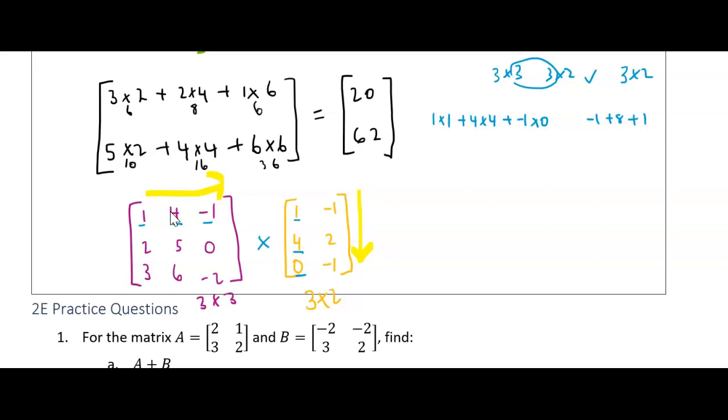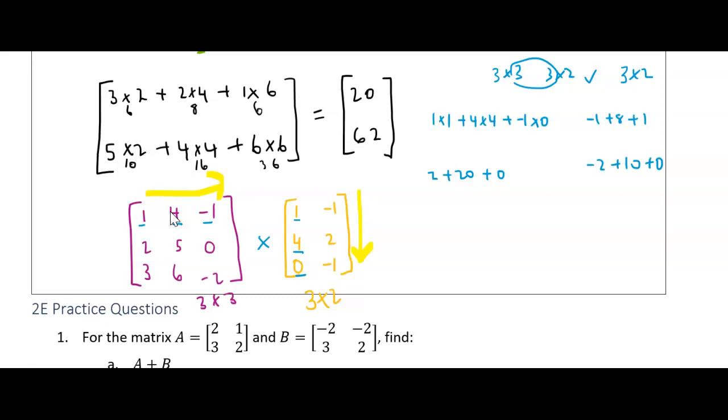All right, so I've done the first row now. I'm going to move on to the second row. So we've got 2 times 1 is 2, 5 times 4 is 20, and 0 times 0 is 0. And then we've got second row, second column. So 2 times -1 is -2, 5 times 2 is 10, and 0 times -1 is 0.